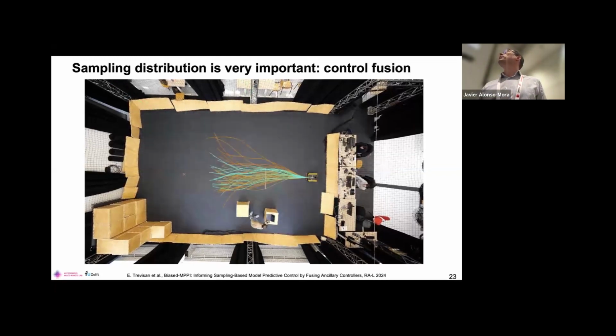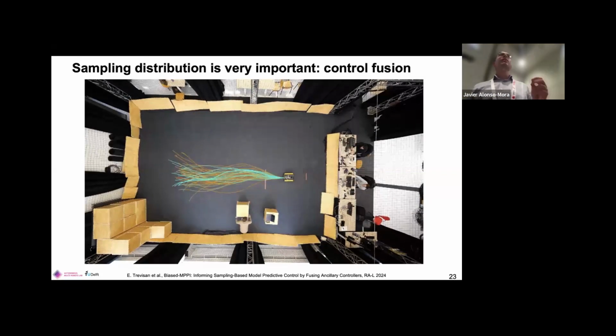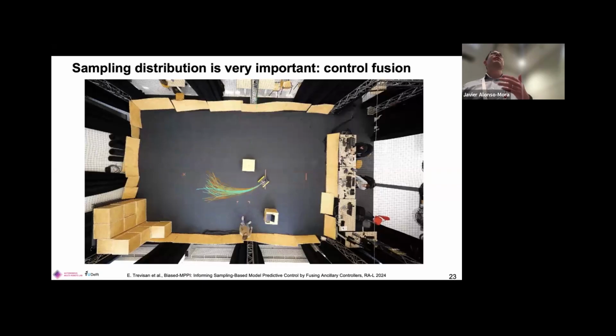So what we also did was to always take some samples from a different controller. One nice thing is that we are engineers. We have developed planners and controllers for a long time. So you could always add 1 or 2 samples that are from a hand-designed planner. In this case, one of them is just stopping or slowing down. That will be one sample that you always add to your distribution.